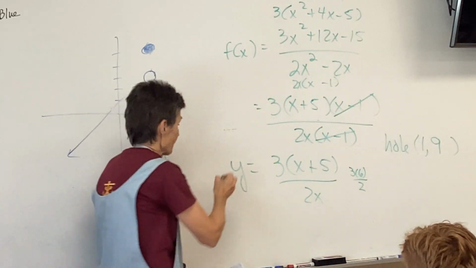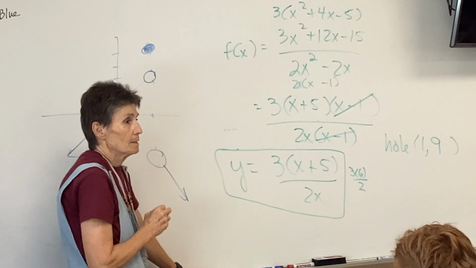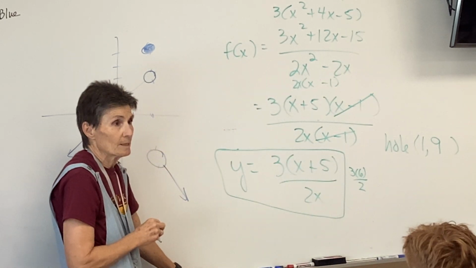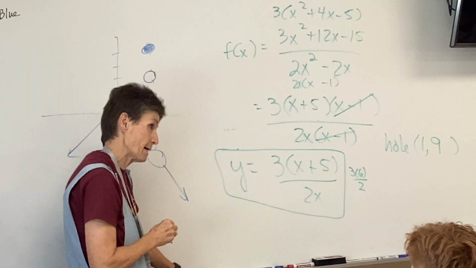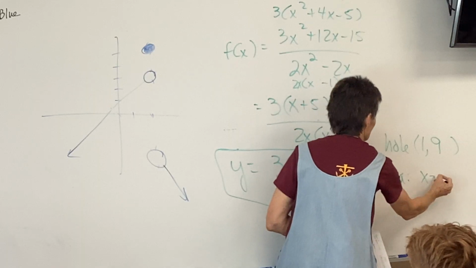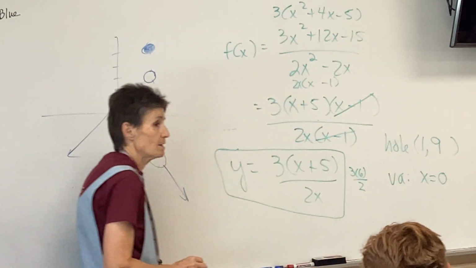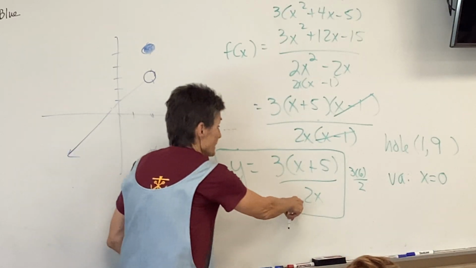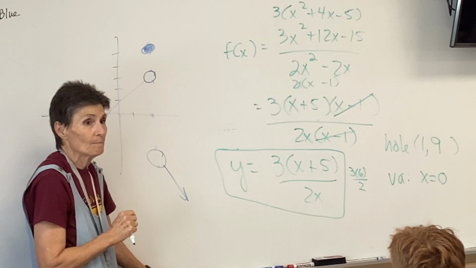Now look at this guy right here. Does he have a denominator? Yes, and if he has a denominator, then he is going to have a vertical asymptote. And his vertical asymptote will be where? Zero. The denominator cannot equal zero. Remember that from domain?